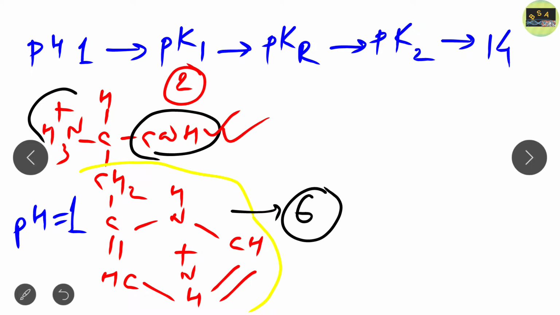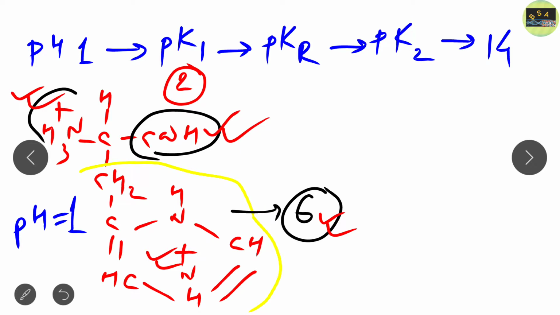Nothing will change, because above 2 it will become COO minus, that is, deprotonated. Below 2 and at 2 it will remain in the protonated form, that is COOH. The side chain will also not be affected; it will remain as it is, plus charge, because its pKr value is 6.